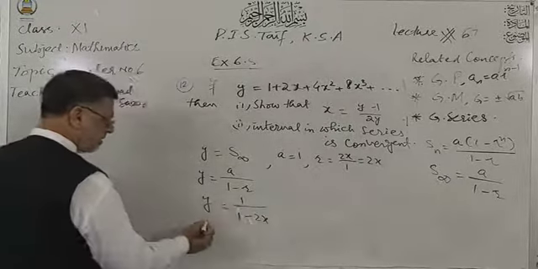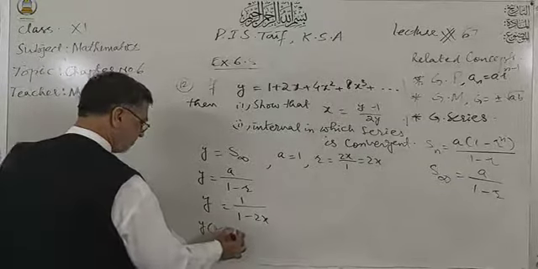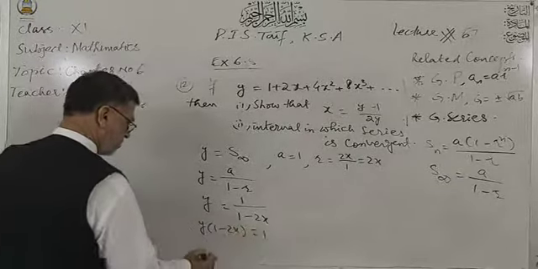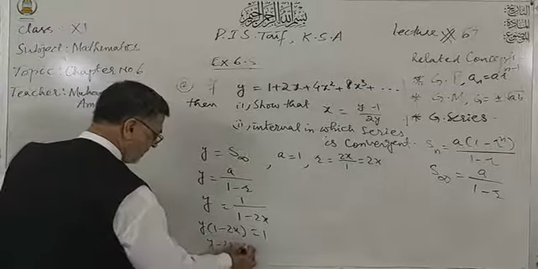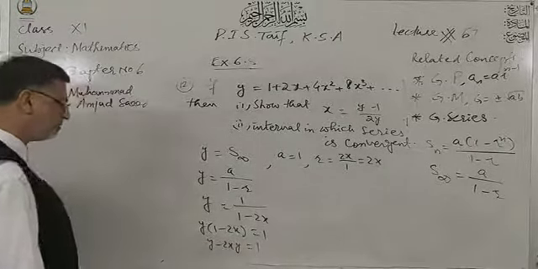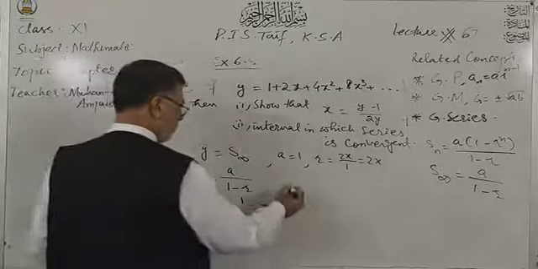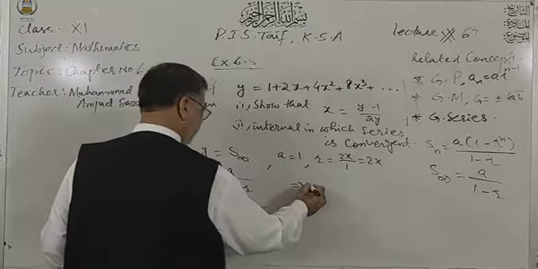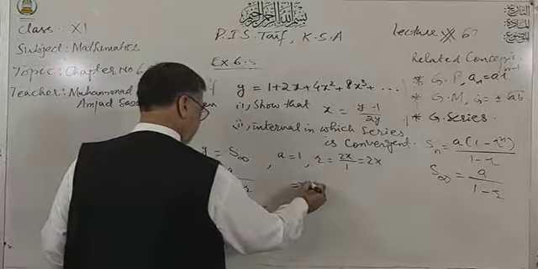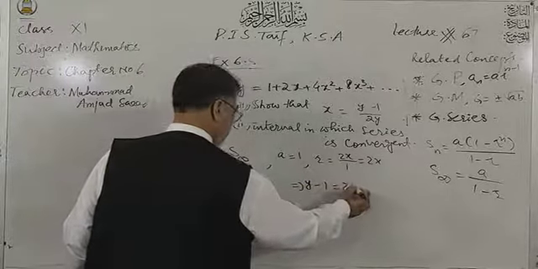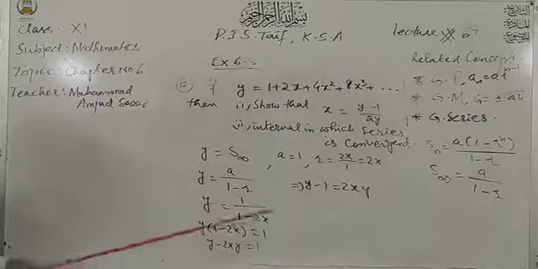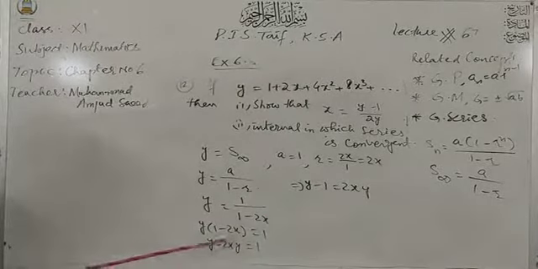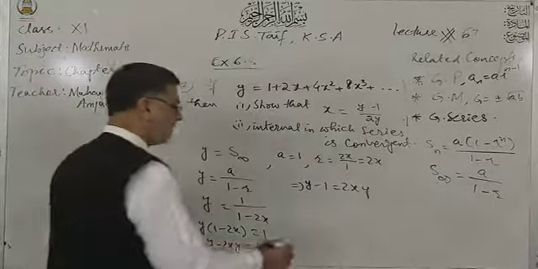Bring this 1 minus 2x to the left hand side. So you can apply multiplication: y minus 2xy is equal to 1. Bring this 2xy to the right hand side, it will become plus, and 1 is shifted to the left hand side, y minus 1.